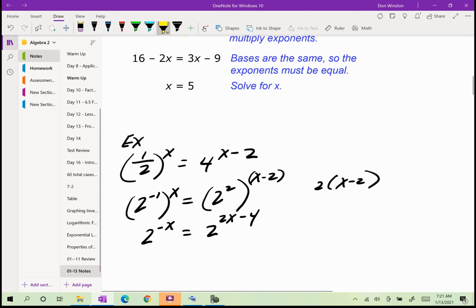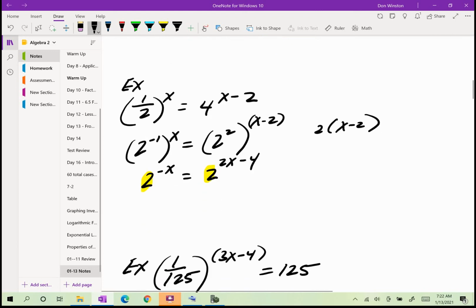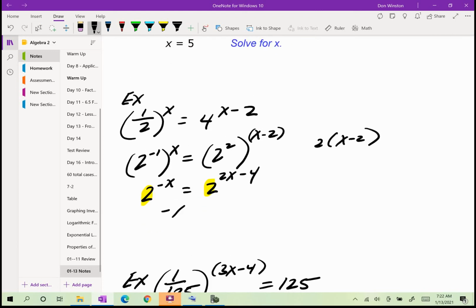The bases are the same now, so I can set the exponents equal to each other. So I have negative x equals 2x minus 4. Add x and add 4 to both sides, so 4 equals 3x, and then x will equal 4/3.